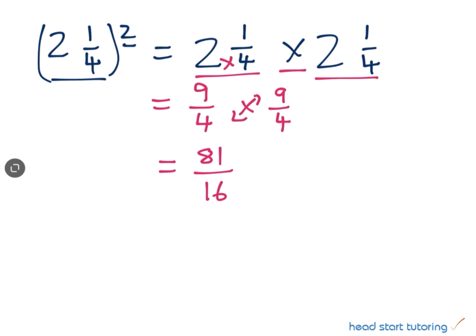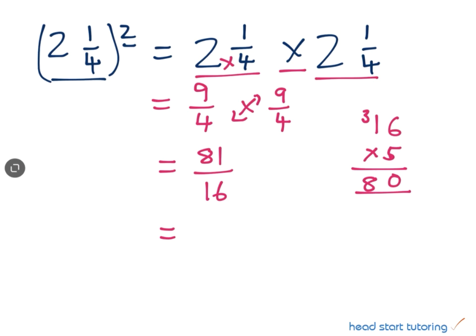And if we would like to convert our improper fraction into a mixed number, we can, which is probably a good idea. So let's try 16 by 5 to see how many times 16 fits into 81. So 5 times 6 is equal to 30. 5 times 1 is equal to 5, plus 3 is 8.